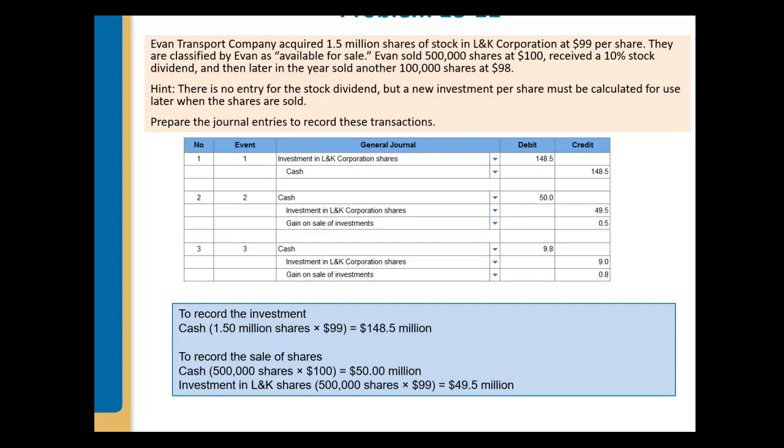Evan sold 500,000 shares at $100, received a 10% stock dividend, and then later in the year sold another 100,000 shares at $98. There is no entry for the stock dividend, but a new investment per share must be calculated for use later when the shares are sold. Prepare the journal entries to record these transactions.